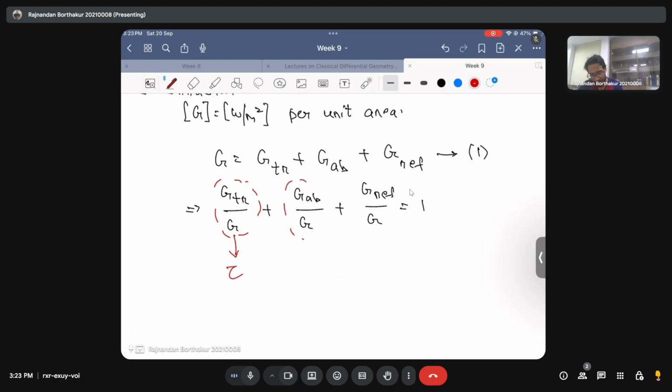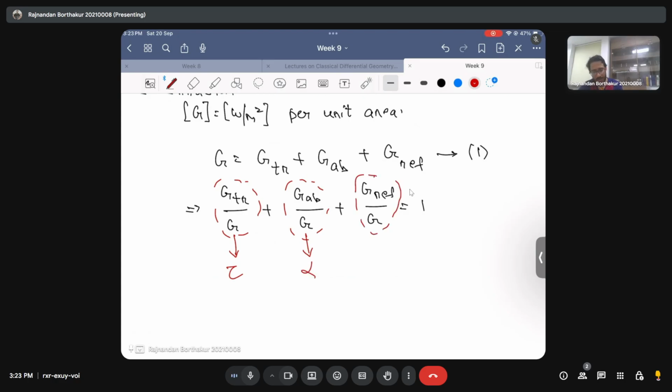For instance, this quantity G_AB by G speaks about the fraction of irradiation that is getting absorbed in the particular body of interest from the incoming irradiation. We'll denote this G_AB by G as alpha.